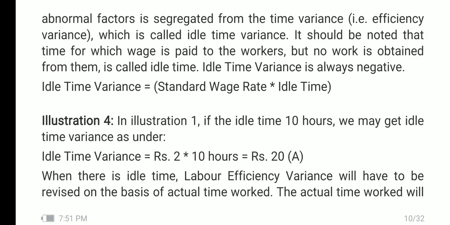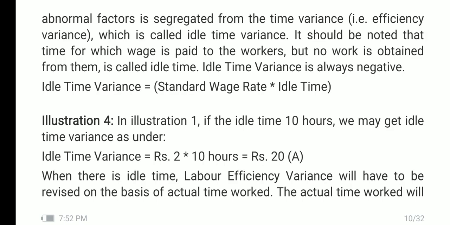Even though the workers have not worked, they will be paid wages. Therefore, the position will be naturally against us. Therefore, such a variation on account of idle time will give us the negative variance, that is idle time variance is always negative.